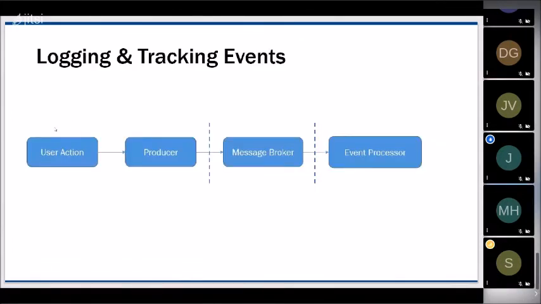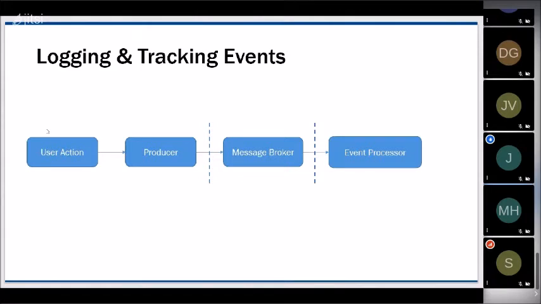The next problem, and this is something that happens in any microservices or other system with a lot of different parts, is the logging and tracking of events as they flow through the system. If you have a situation where it's just a producer, a broker, and a single processor, this really isn't going to be that big of a deal, especially if there's an ID that you can associate with.